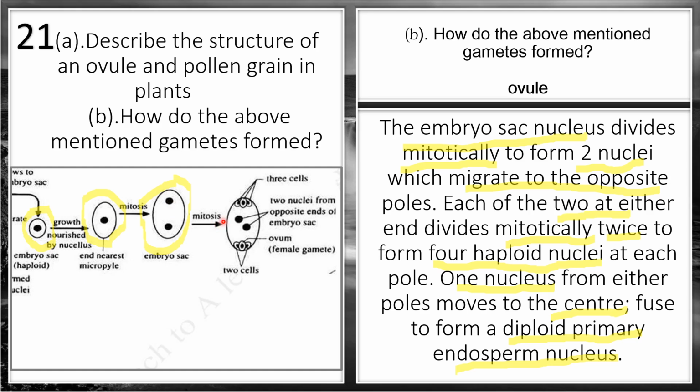When they divide mitotically twice, we end up having 4 cells at each pole, and one of the cells from each pole migrates to the center. Those that migrate to the center fuse. They are haploid cells. And when they fuse, they form one diploid primary endosperm nucleus.